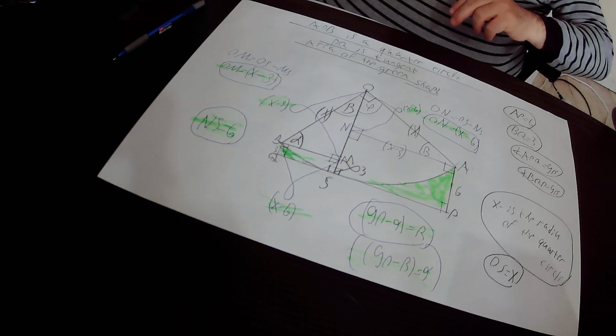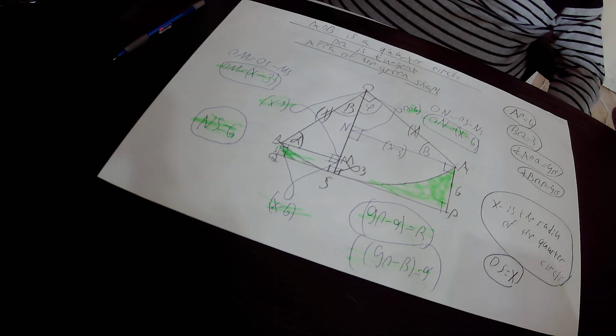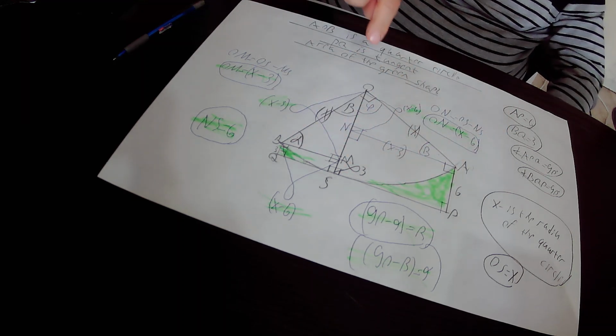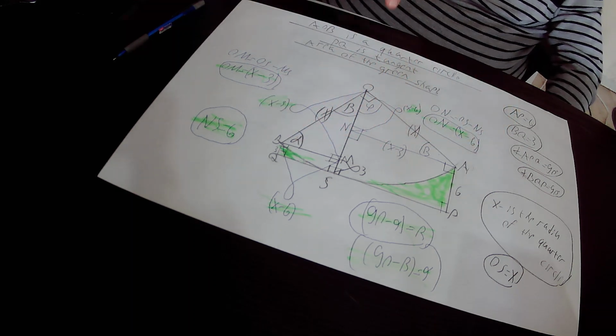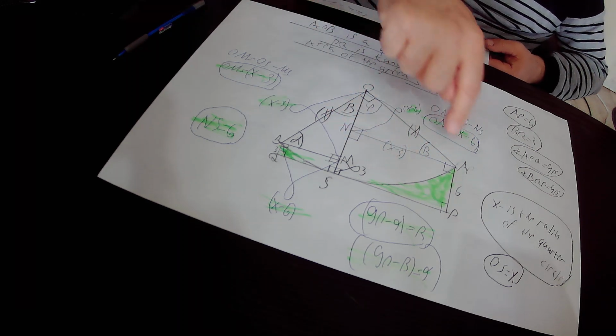Okay, and what is the area of the green shape? The area of this green shape is equal to the area of the whole shape OAPQB, minus the area of this quarter circle OAB.